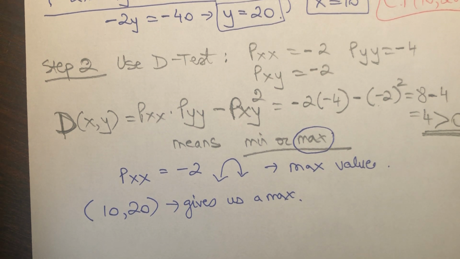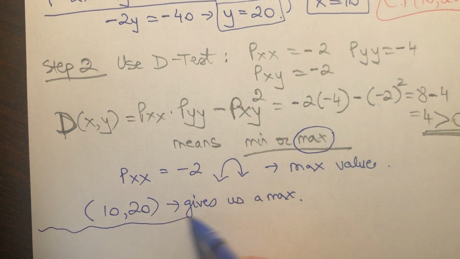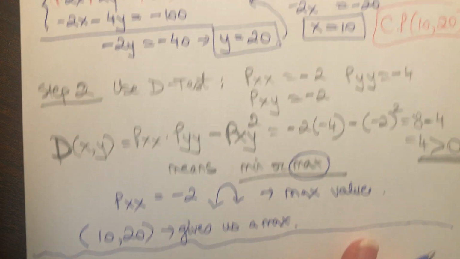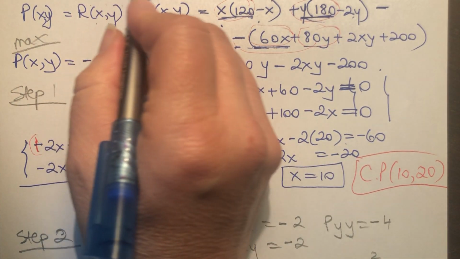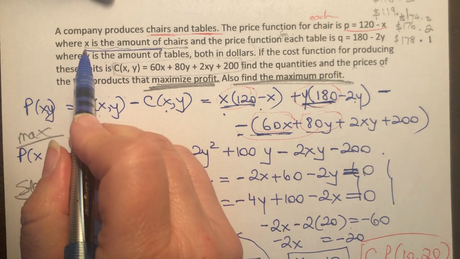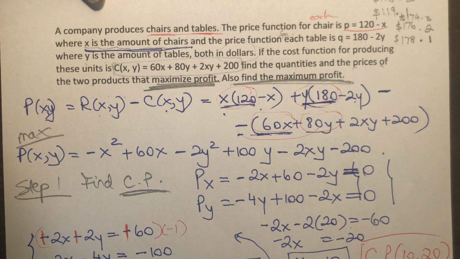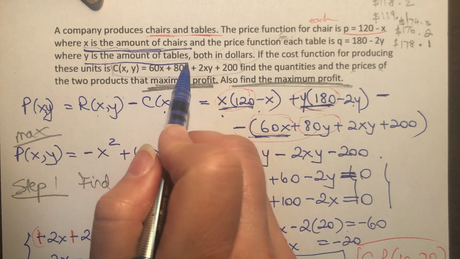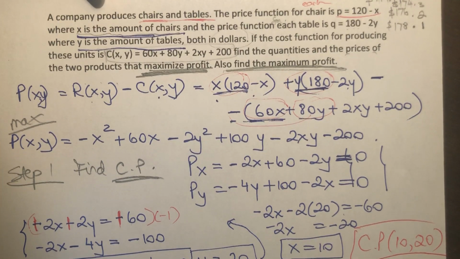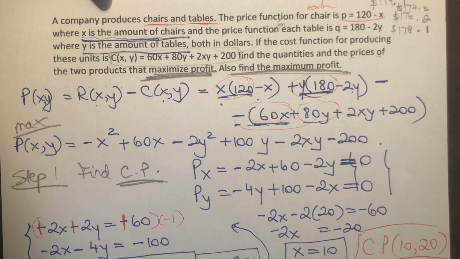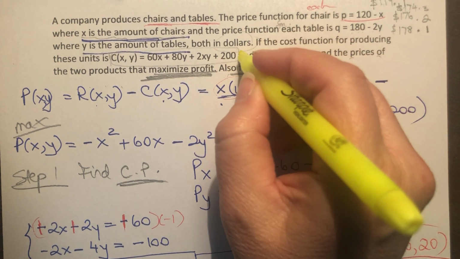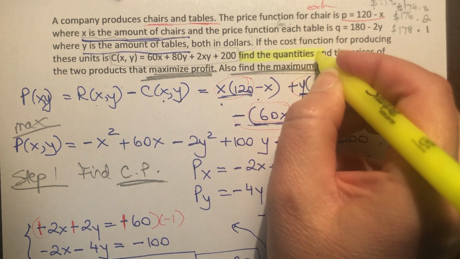Now let's make sure that we answer the questions of the problem. Okay, so X was the amount of chairs. We found it. Y is the amount of tables. We found it. So always go back, read, make sure you answer all the questions. It says, find the quantities.